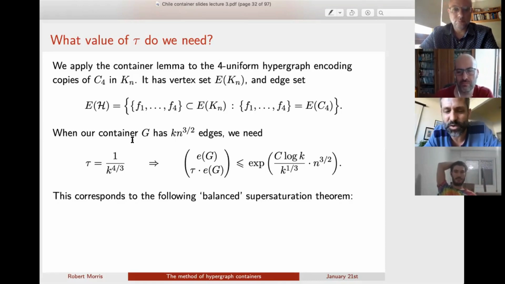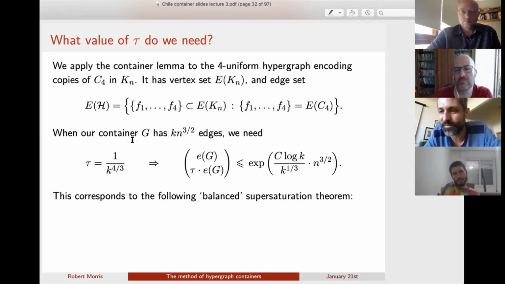But the lovely idea of Asaf, Gwen and Wojtek was that not only do you not need that k squared, you only need k to the 1 plus epsilon, but also you can prove that in a very simple way that generalizes to every bipartite graph.